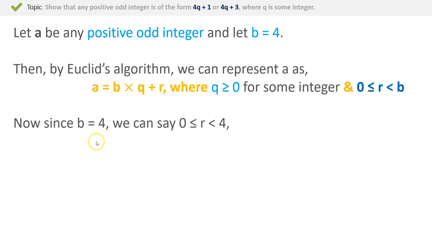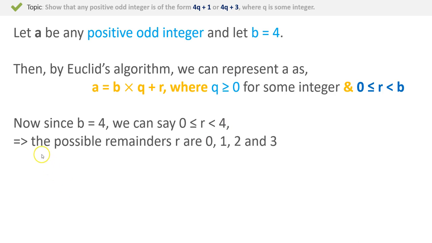Now since we know b is 4, that's what we have assumed here, we can say remainder r is greater than or equal to 0 but less than 4, which implies the possible remainders for r could be 0 or 1 or 2 or 3.